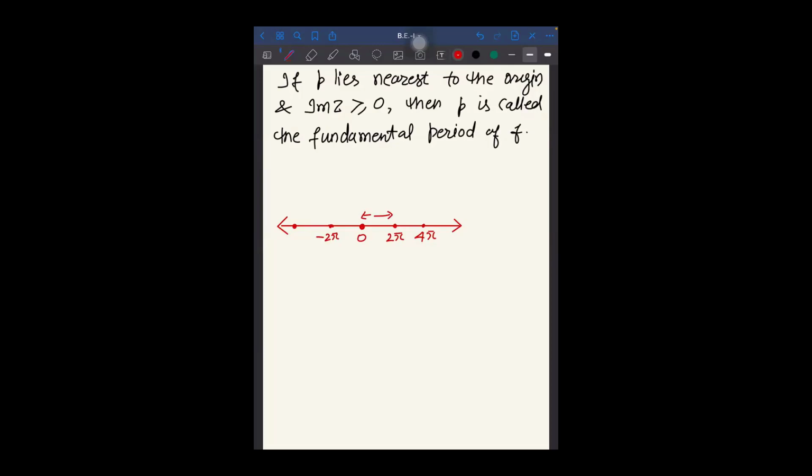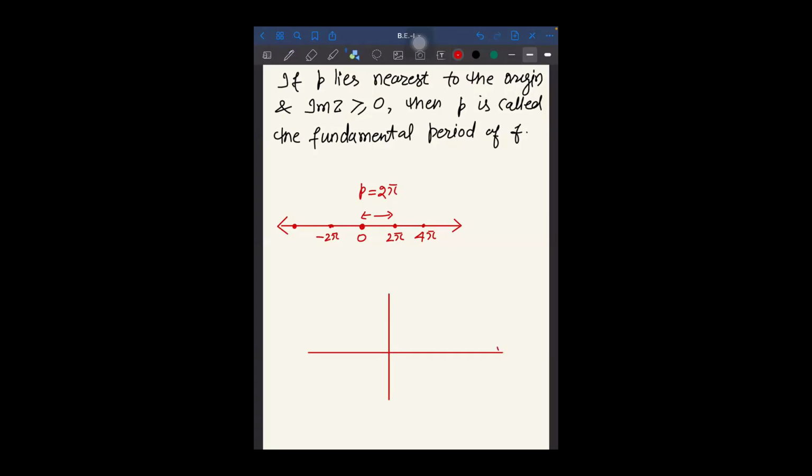Minimum means minimum positive. So you choose the fundamental period P to be 2 pi. But let's say now your domain is complex. That means you have a 2D domain. So now in complex, you have this domain.